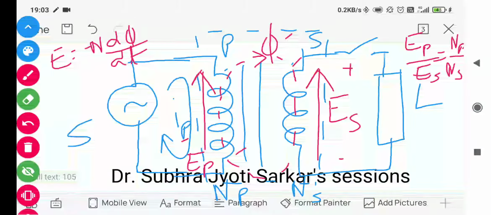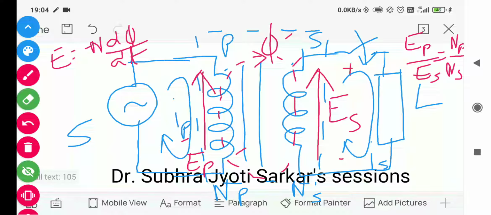So we have some voltage ES only. Now, as soon as we turn the switch on, meaning we connect the load to the transformer, what is going to happen? This ES is going to be applied across this load. Now when this load is connected, some current IS will flow in the secondary side. It's okay up to this much.